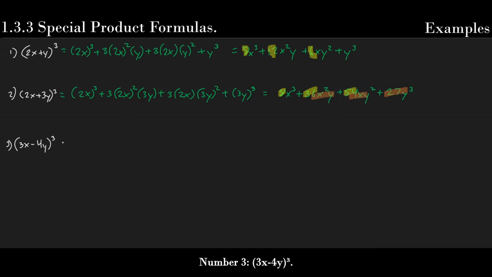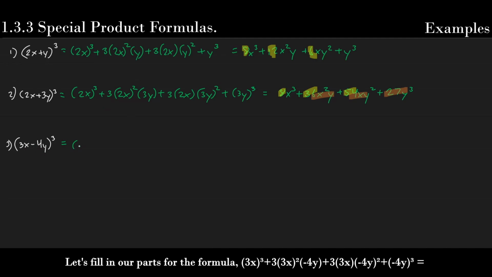Number 3. Now we have a negative for a second term. Let's fill in our parts for the formula. (3x)³ + 3(3x)²(-4y) + 3(3x)(-4y)² + (-4y)³.